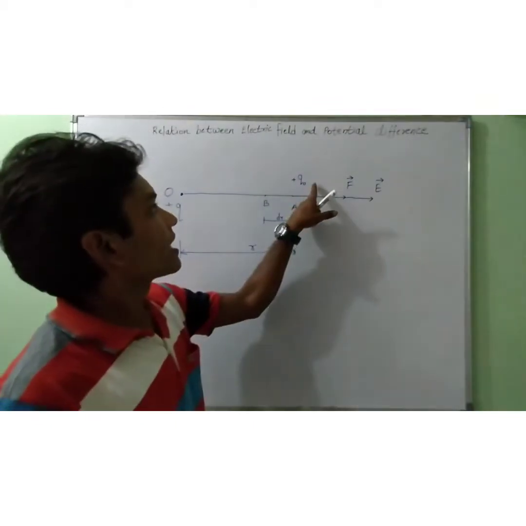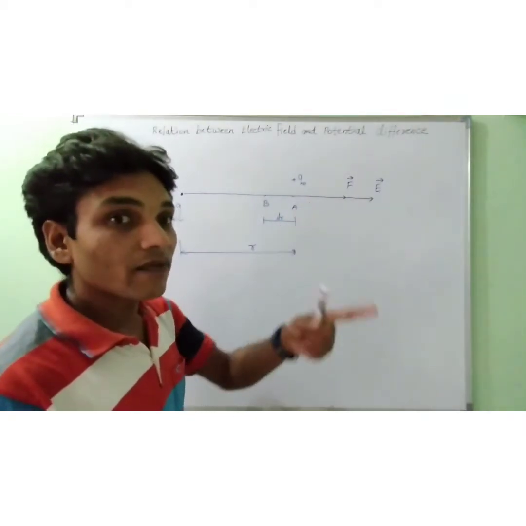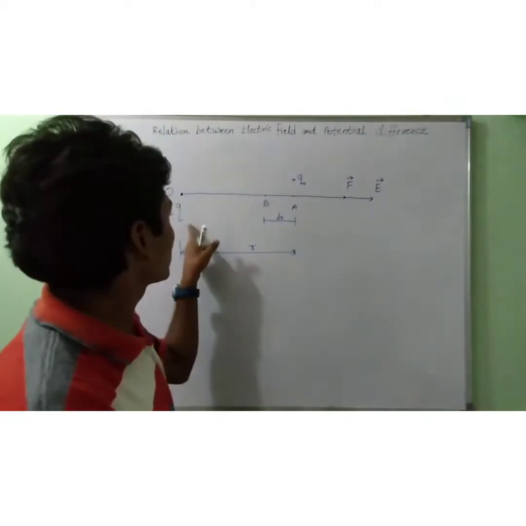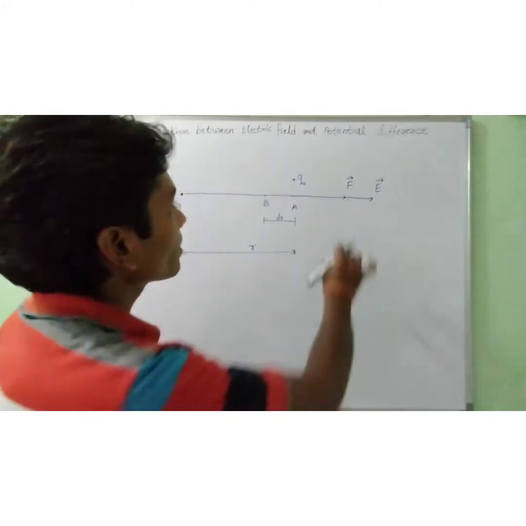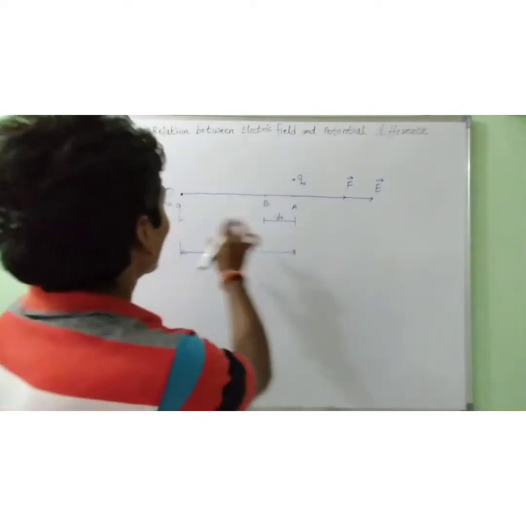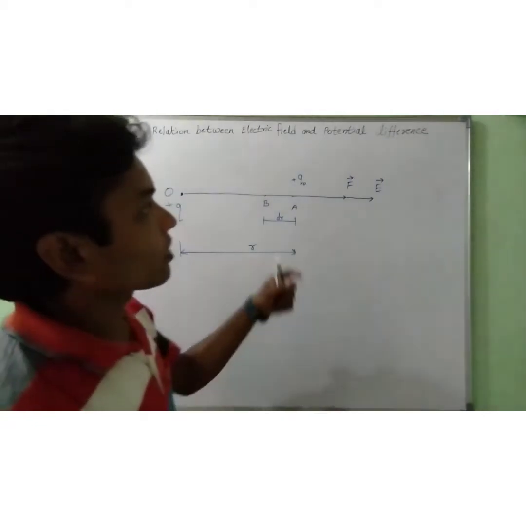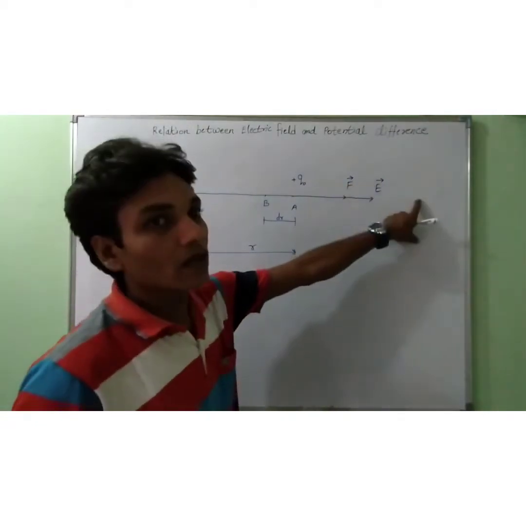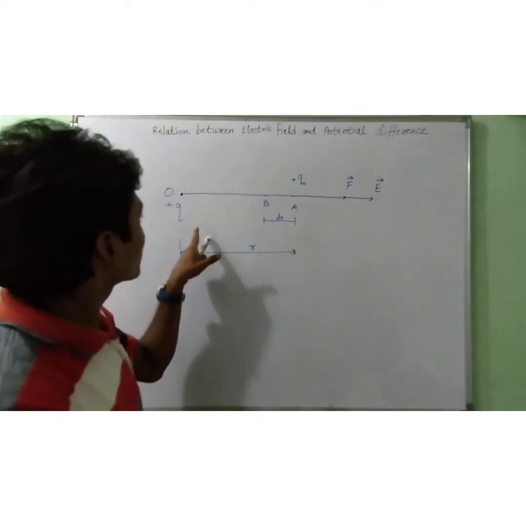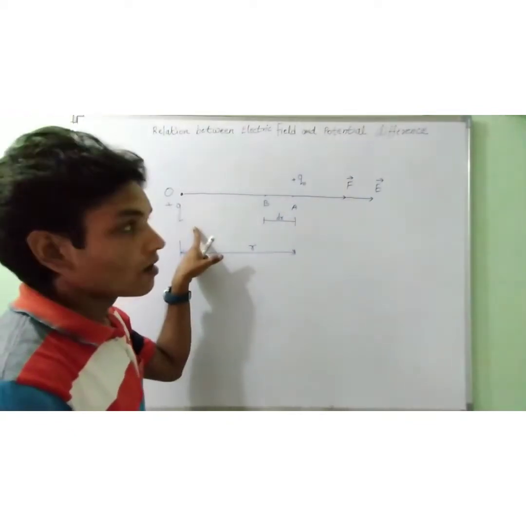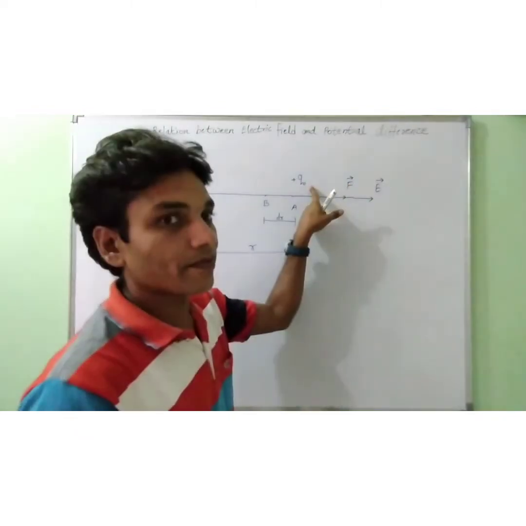This positive test charge experiences electrostatic force due to this positive Q charge, and the electrostatic force will be along this direction, away from the point O. We know that the electric field due to this positive charge will be along the direction of force acting on it.